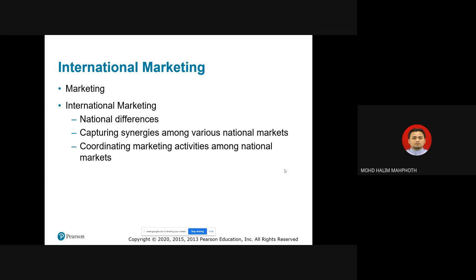For example, if you want to sell a television, you have a manual book. Does the manual of that television only have the English language, or do you have all 100 languages worldwide? You should standardize your product or customize your product.